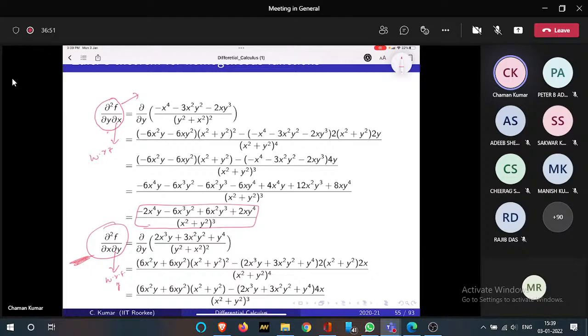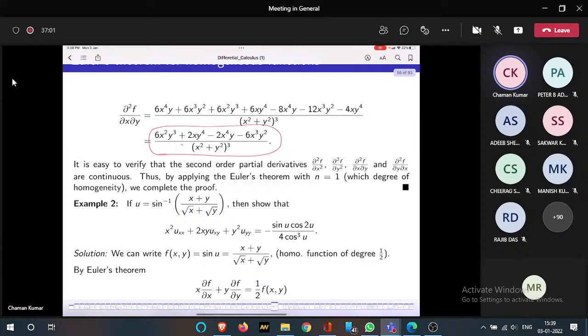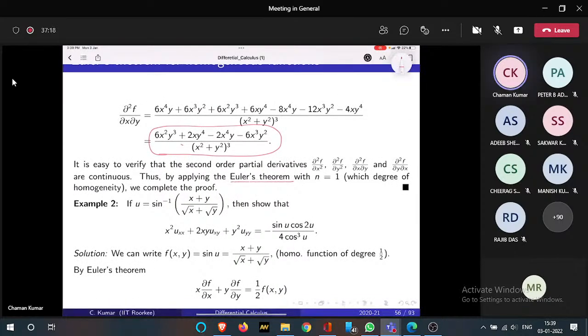You will get this second order, and then after simplification, you will get this. Is there any more simplification? After simplification, your final answer will be this. Okay. So from here, one can easily check that the first order partial derivatives and all the second order partial derivatives are continuous. Therefore, one can apply Euler's theorem.